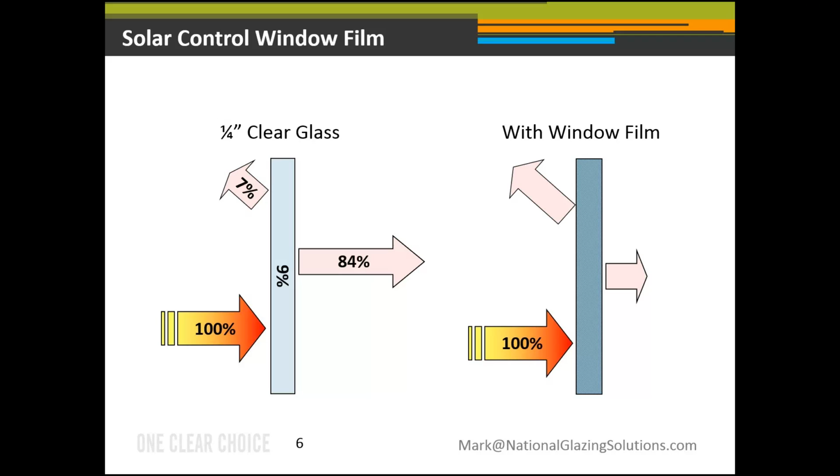On the right, you see the same 100% total solar energy impacting the glass. The absorption goes from 9% up to 34%. The reflection, as you might imagine from a shiny silver film, the reflected total solar energy increases from 7% to 52%, leaving the total solar energy transmitted decrease from 84% to 14%.